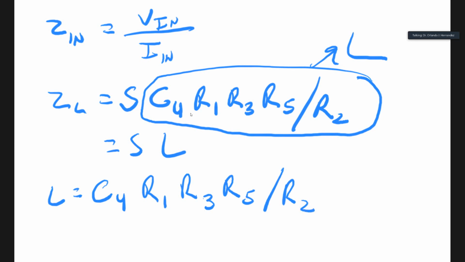One thing I could do is make all the resistors the same value, okay? And then that inductance becomes the capacitance times the resistance squared.